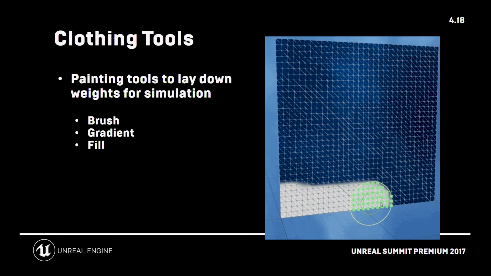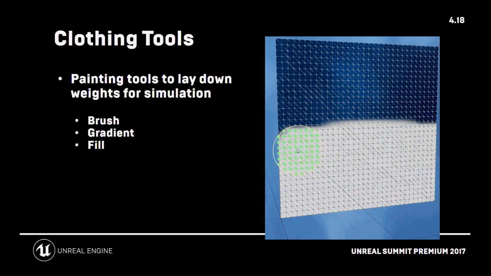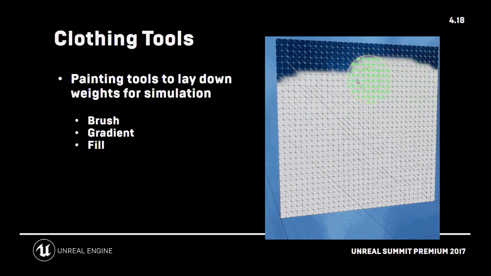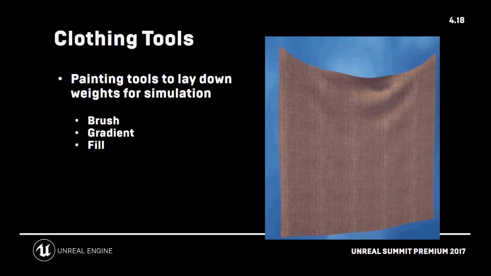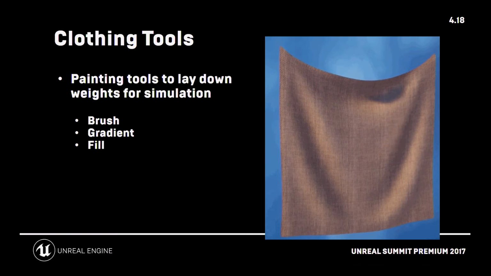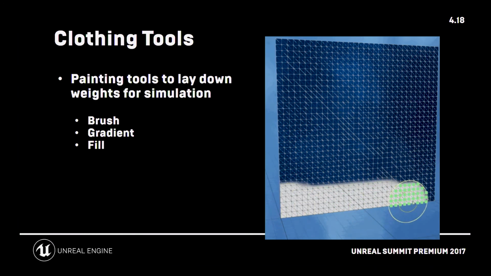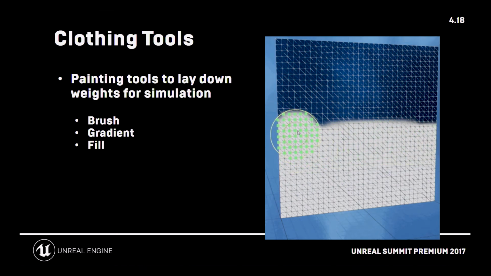Often after you've created a clothing asset, you need to set properties for the simulation. For example, you might have fixed or movable vertex weights that need to be assigned. We have tools inside Unreal Ed that let you paint this information directly on the simulation mesh, allowing you to set up all of your clothing properties directly.